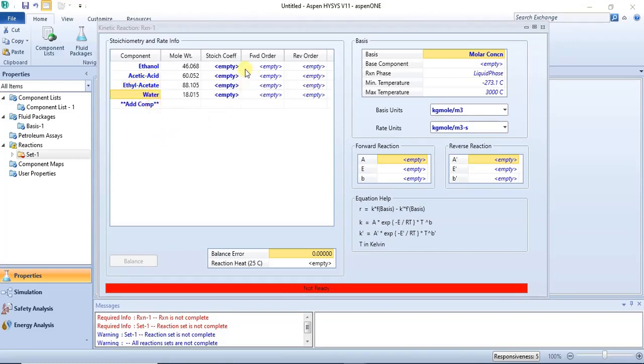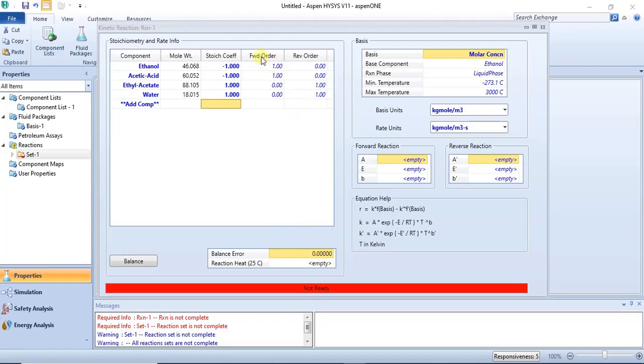And this. So second is to specify your stoichiometric coefficients, right? So negative sign for reactants, positive for products. Like I said in previous reaction tutorials, you ensure your balance error is 0 and then you move on.